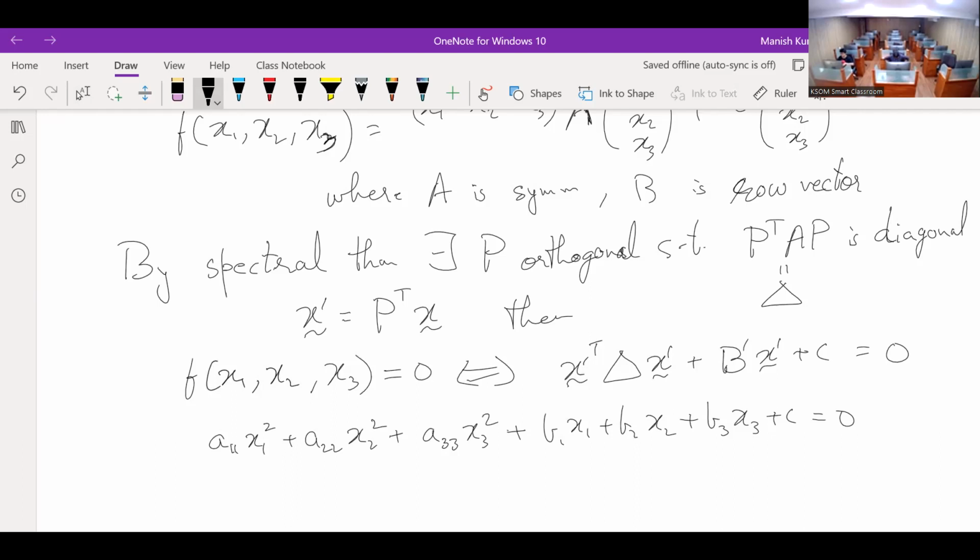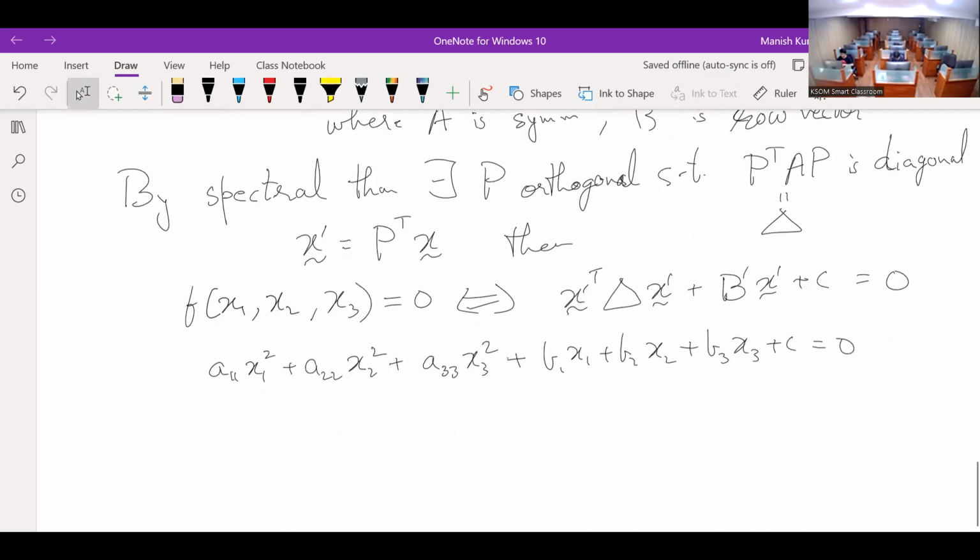Now again, if some of these Aii are non-zero, then you can absorb the corresponding linear terms. But we'll have to deal with various cases. So let's consider case one: Aii is not equal to 0 for all i.